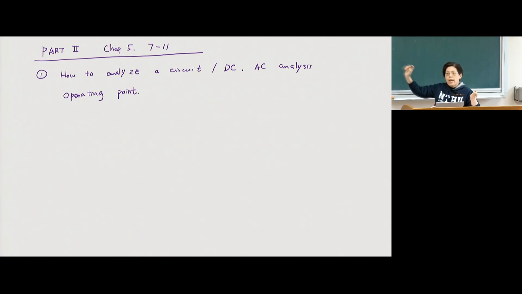I don't want to stand at the edge of the stage, because when I dance, I might fall off the stage. Or when you want to make a speech, for example, you're not moving too much, but you still want to find a place to stand. That's called DC analysis, meaning that you determine where you're going to stand. How do you place yourself at a particular location? That's called the operating point.